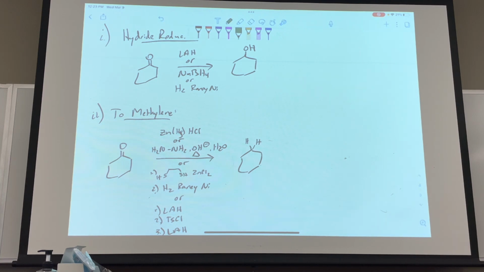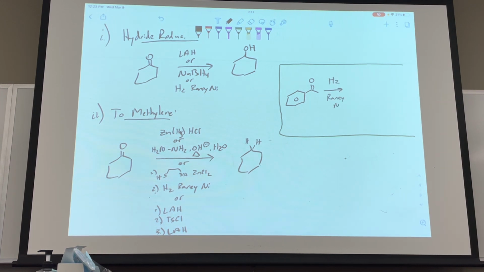And don't forget that exception to the rule. Little carve out here. If your ketone is benzylic and you use hydrogenation, that gives you the methylene group, right? Remember, those benzylic ketones are rather unique.